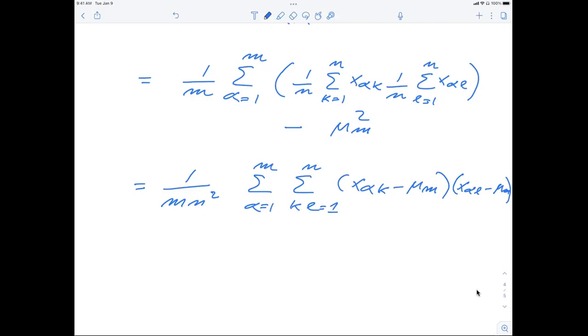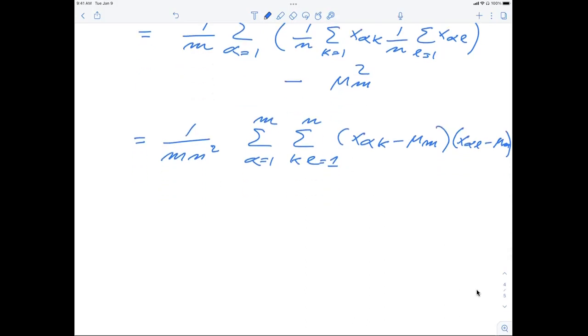The next thing I do now is pick the diagonal element, and that means that k is equal to l. So I can rewrite that in terms of 1 over m n squared. And then I have a sum, so I'm just picking the diagonal element, and I'm going to write this as x alpha k minus mu of m squared. But then I can rewrite the non-diagonal terms, since the non-diagonal terms are now a loop which runs freely.